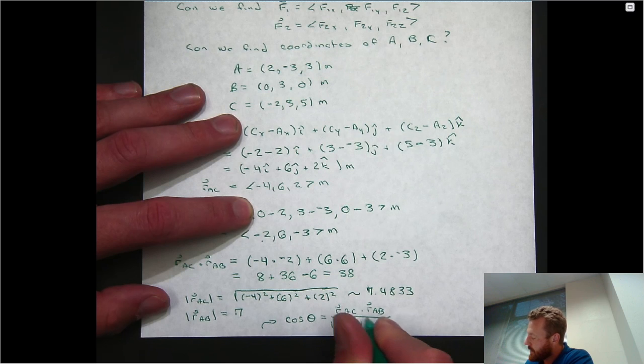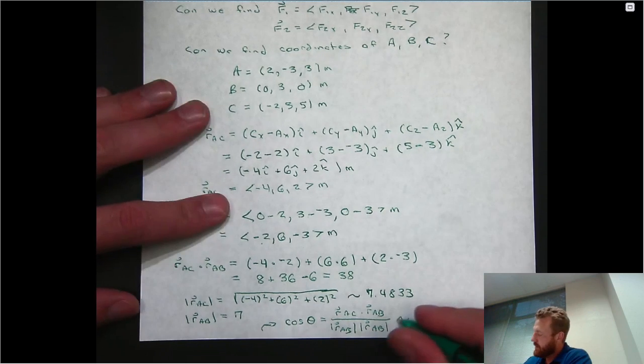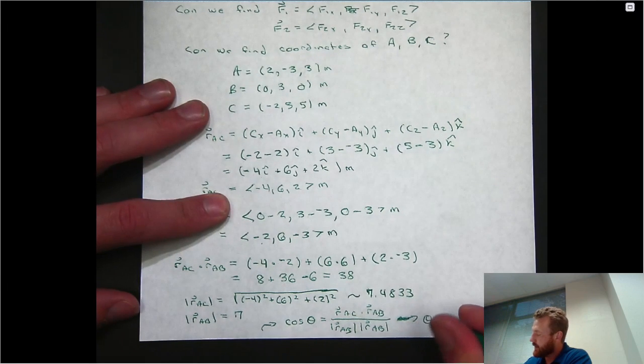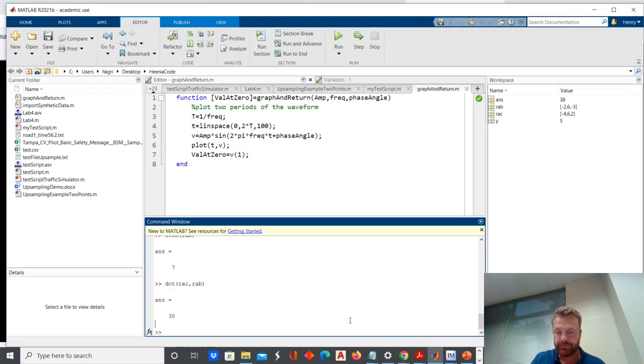I'm going to show one step and get theta here. I'm going to take the inverse cosine in order to get the angle. In the numerator, I'm going to put 38, and in the denominator, those two magnitudes that I have.